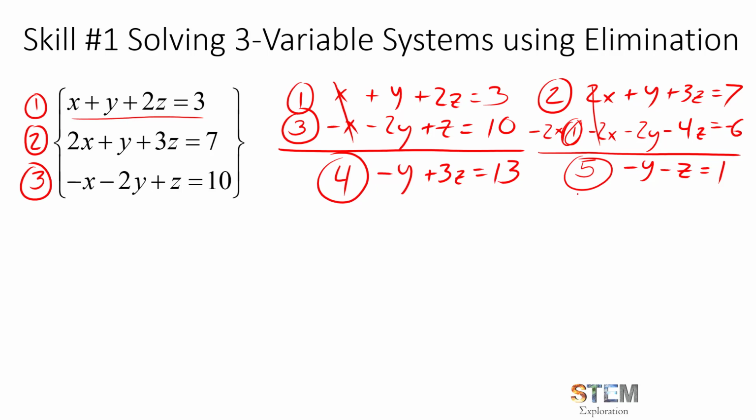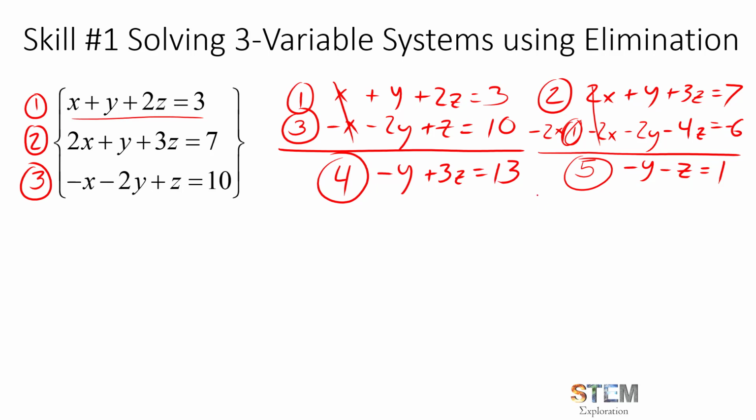Alright, so every time that you use the elimination method, it's going to look like this. You're going to need to take two of the equations to find an equation, and then incorporate the third equation with any of the other equations to get a second two variable equation.